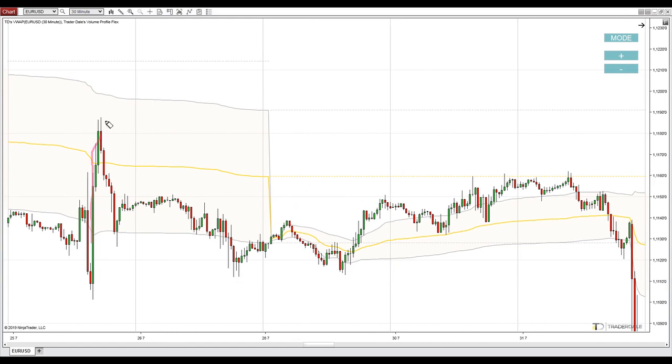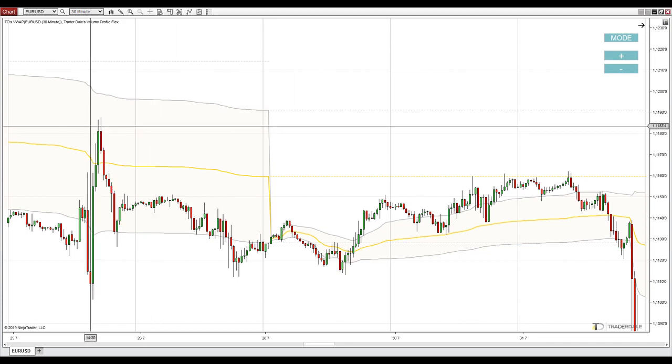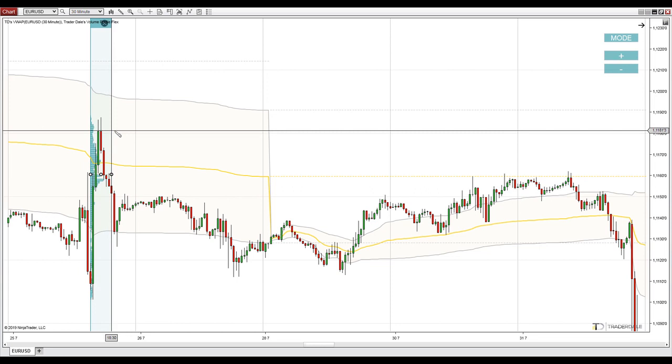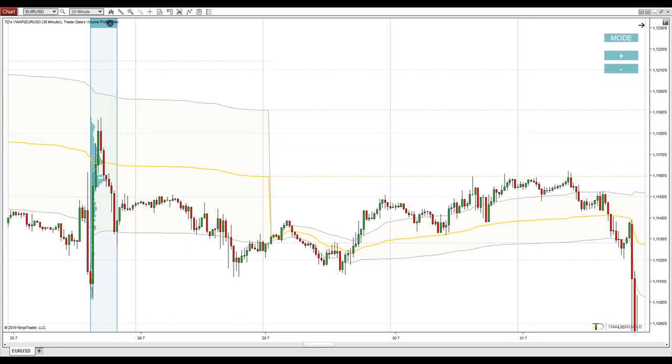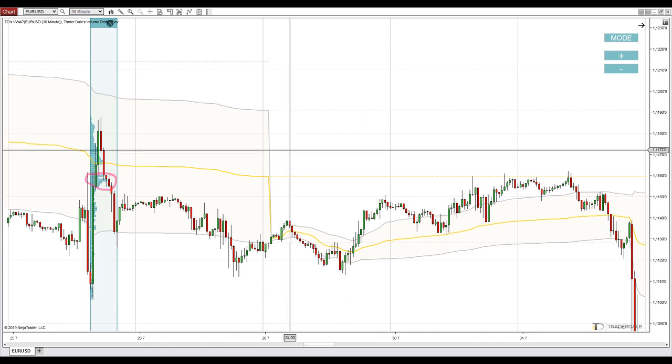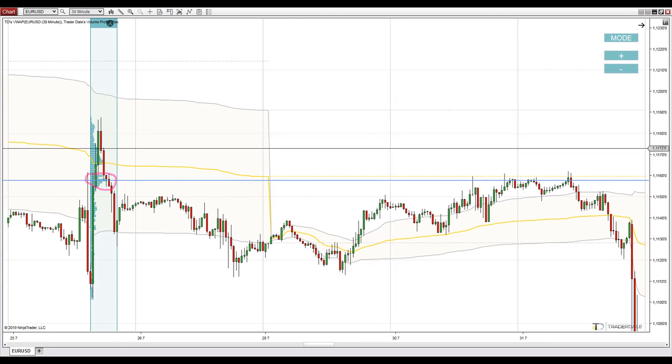Now in here, we had a strong rejection of higher prices. So let me use the volume profile over this area to see where the volumes were the heaviest. Now there was a significant volume cluster in here. So I'll draw a line there, alright, and see if there is any confirmation from the vwap. Now in here, this dotted line, this is where the previous week's vwap ended, right?